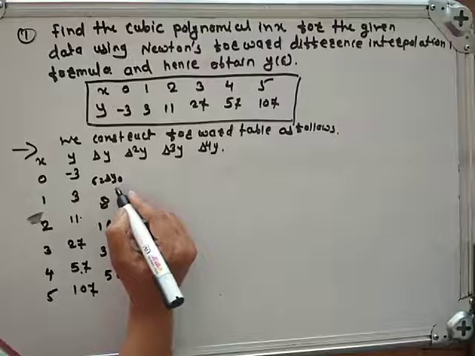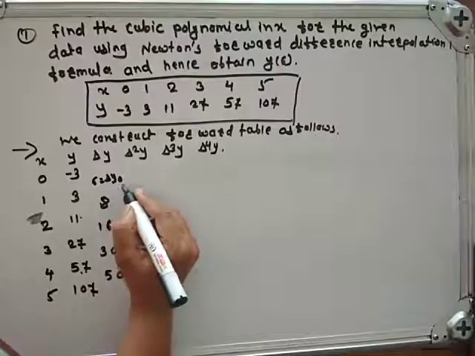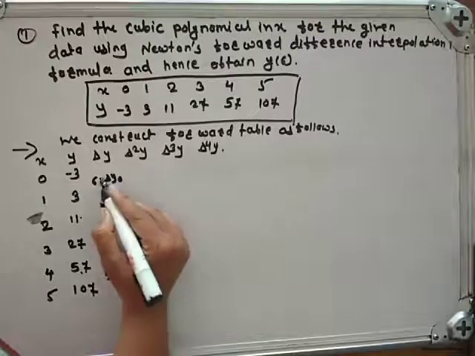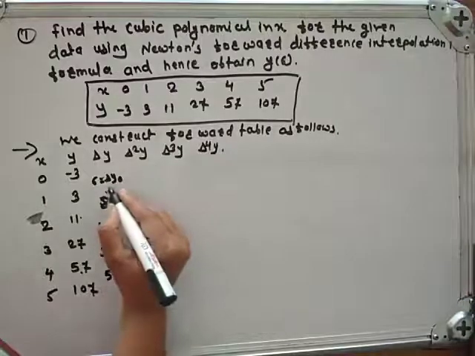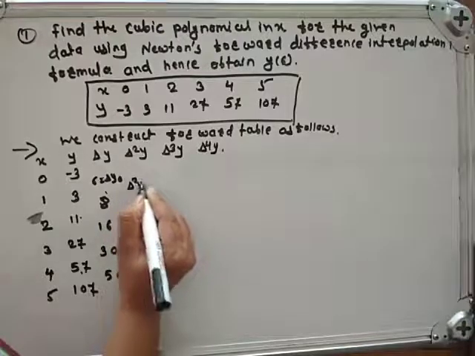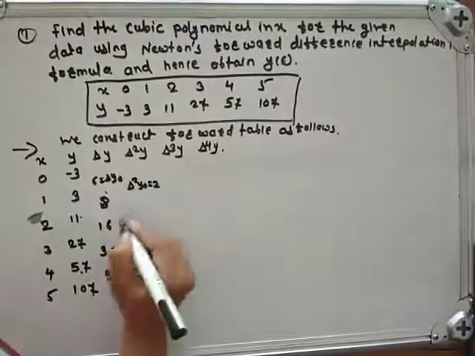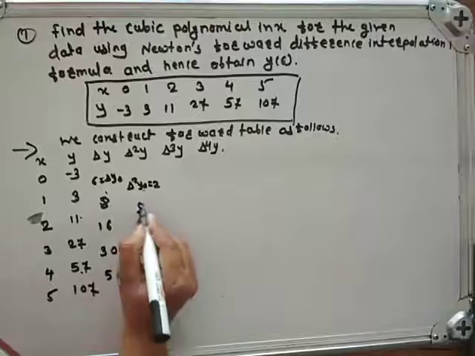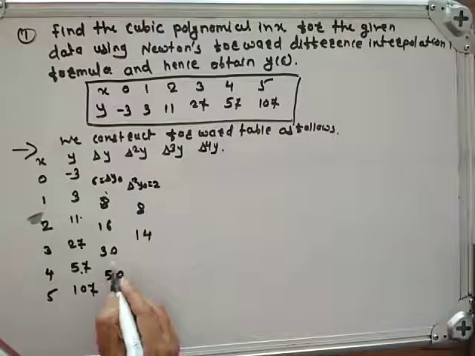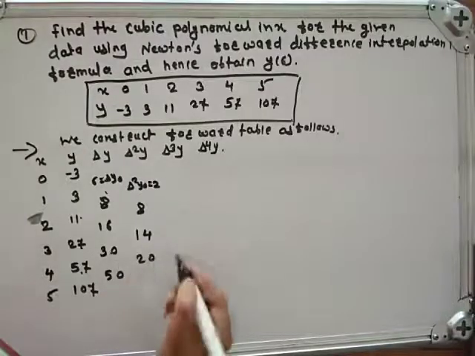Next, we calculate second order forward differences, which is the difference of these. 8 minus 6 is 2. This is delta square y0 is equal to 2. 16 minus 8 is 8, 30 minus 16 is 14, 50 minus 30 is 20.